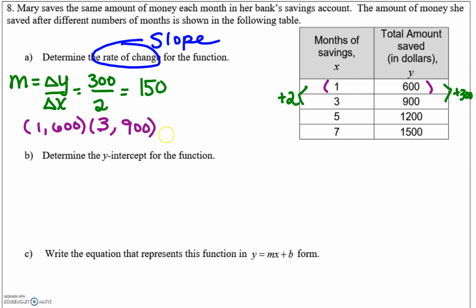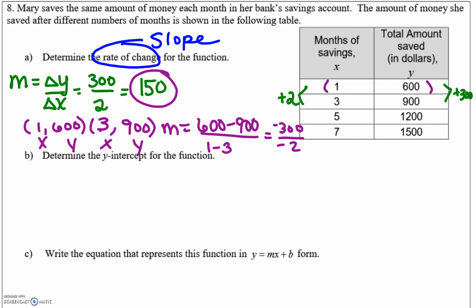So 600 minus 900, over 1 minus 3. You're going to get negative 300 over negative 2, and when you type that into the calculator, you're still going to get 150.